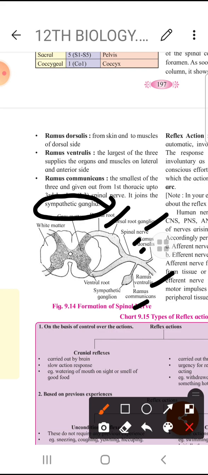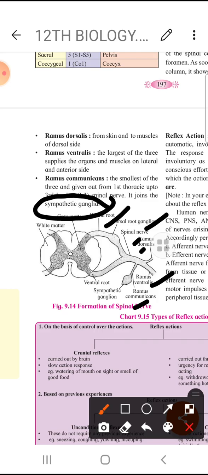Remember, sympathetic ganglion is responsible for the autonomic movement. It means if you ever have pain in the stomach, who's bringing that reflex or the action potential? It is the sympathetic ganglion bringing it to the central nervous system. So just remember, sympathetic ganglion is where it is connecting from the spinal cord through ramus communicans.